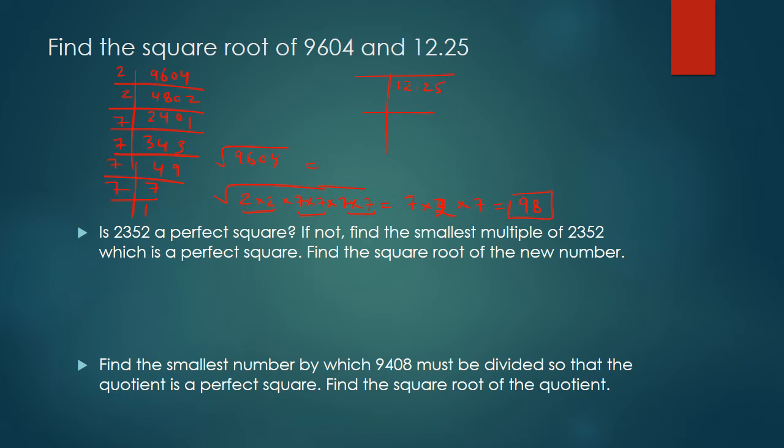But when you apply long division, you have to pair the digits from the back and always read tables in perfect square form. 2 2s are 4, 3 3s are 9, 4 4s are 16, which is of course greater when compared with 12. So we will stick to 3 3s are 9. 12 minus 9 is 3. The decimal will be moved there and 25 will be taken forward.